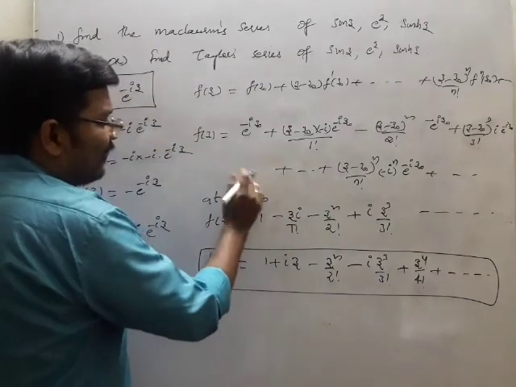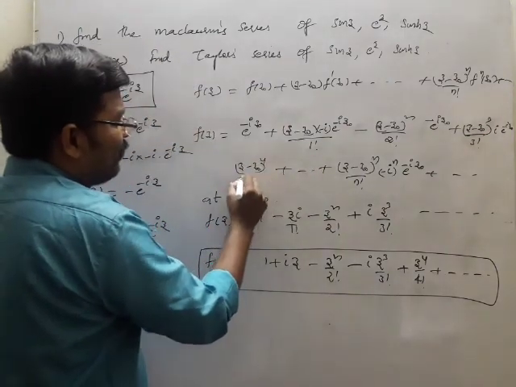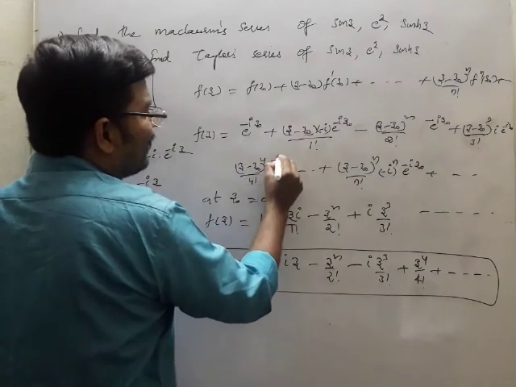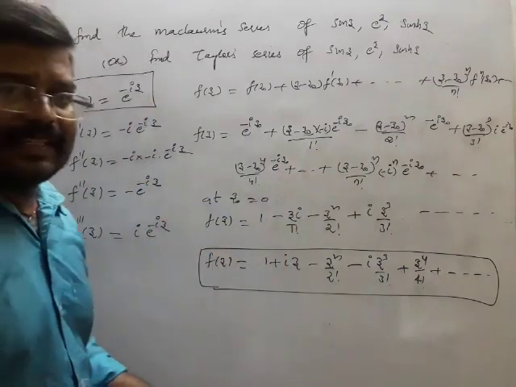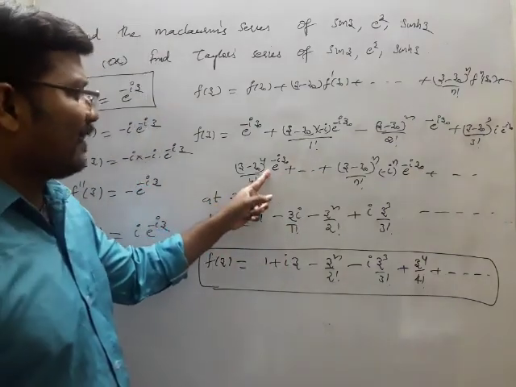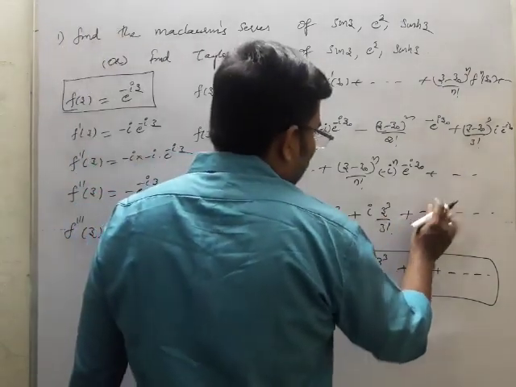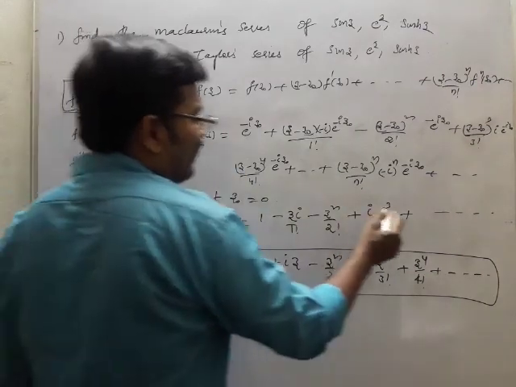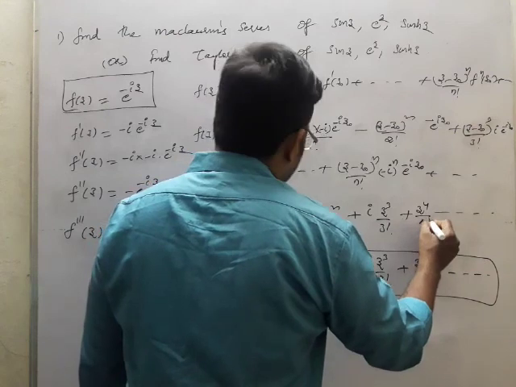The other term is (z minus z naught) whole power 4 by 4 factorial into e power minus i z naught, since i power 4 is nothing but 1, so I am not writing that here. That is nothing but 1. So you will be getting plus z power 4 by 4 factorial.